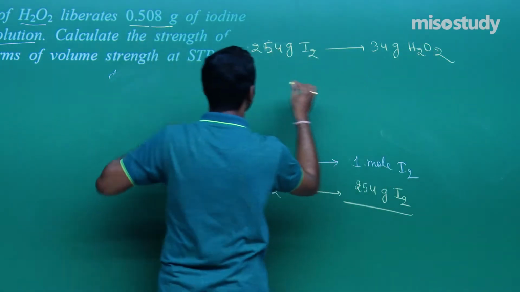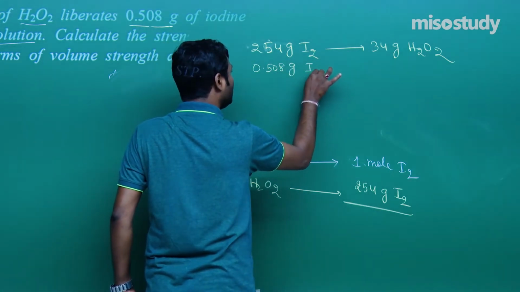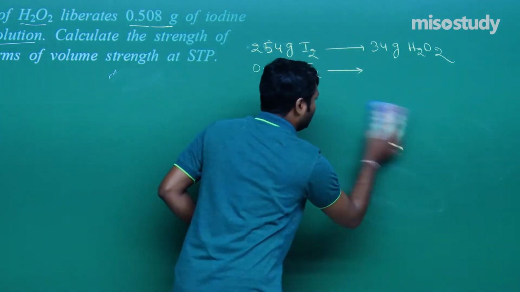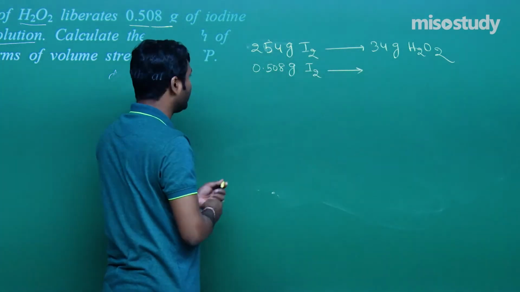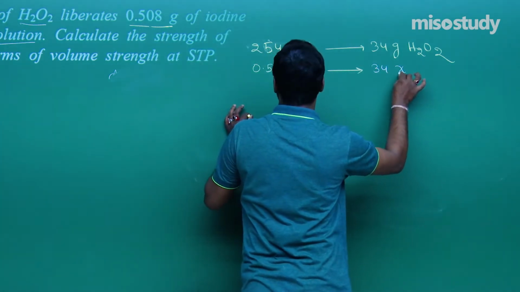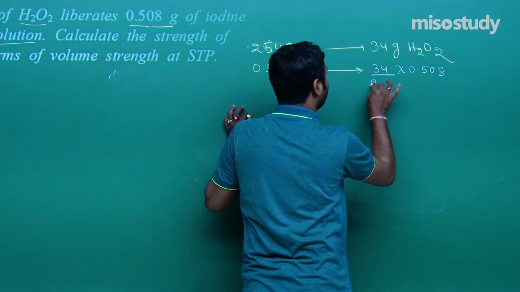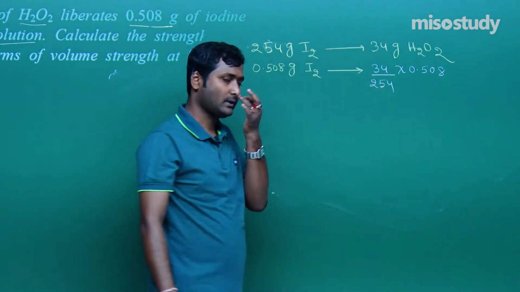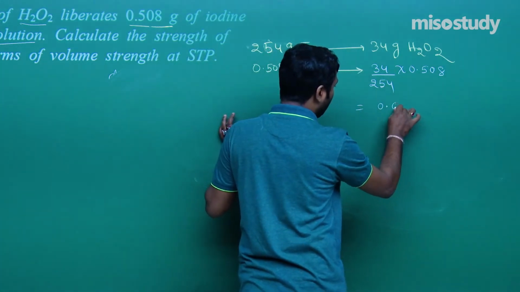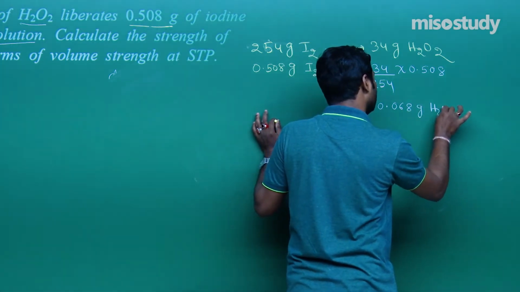Now according to the question, 0.508 gram I2 comes from, tell me, that is 34 into 0.508 divided by 254. Am I right or wrong? Right. Now after solving we get almost 0.068 gram H2O2.